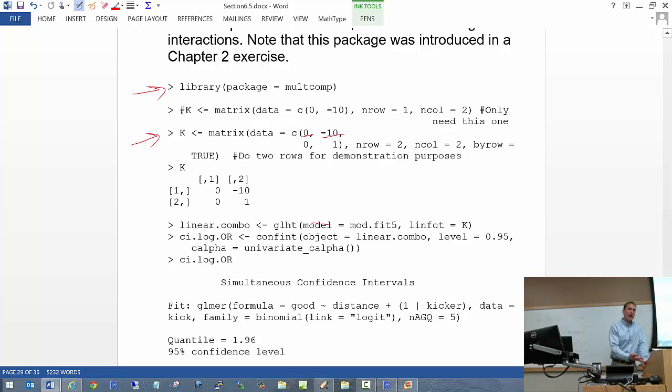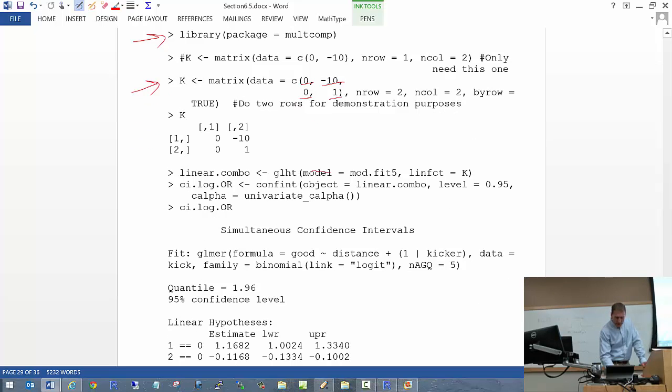Just to illustrate how this package works, I decided to throw in another linear combination as well: 0 times beta 0, 1 times beta 1. So I have two linear combinations I'm interested in here. Then I can use the glht function to work in much the same way as the mcprofile function works.